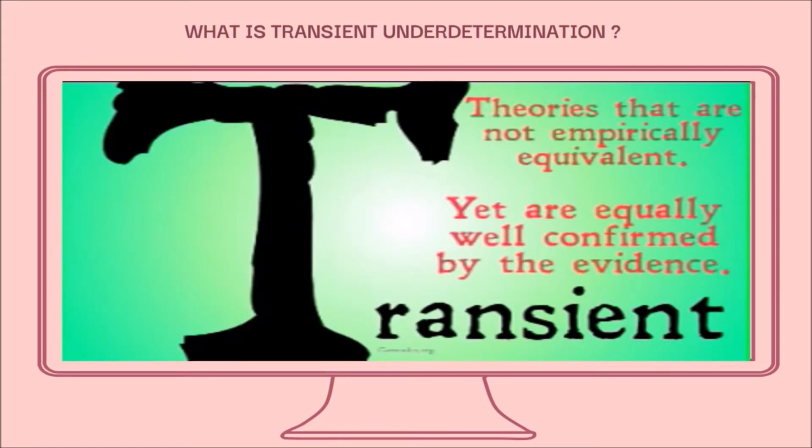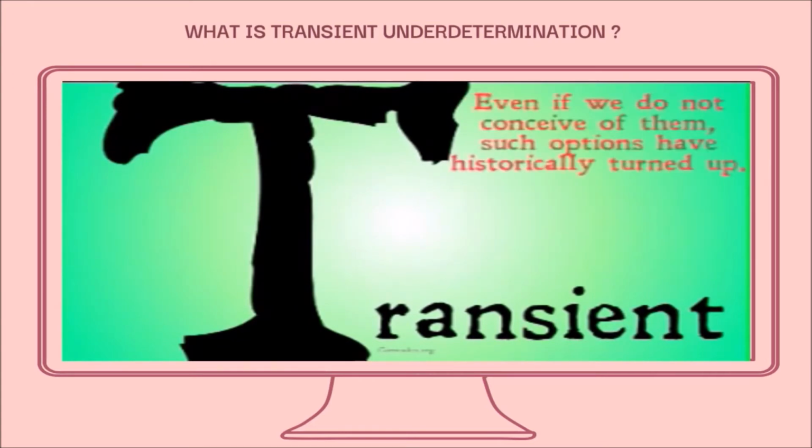And yet they're still both equally well confirmed by the evidence that we have. So something is transiently underdetermined when you have two different theories that make different predictions about the future, but are equally well supported by our current evidence.